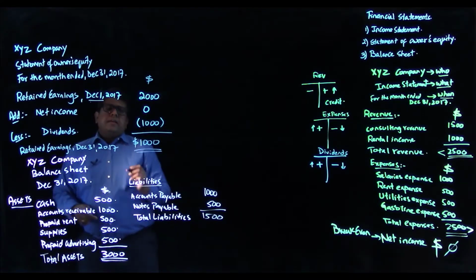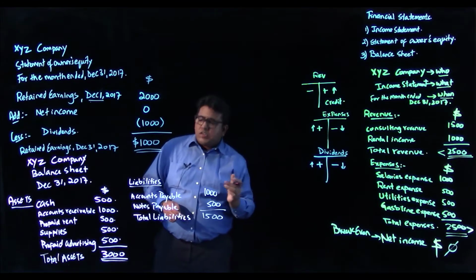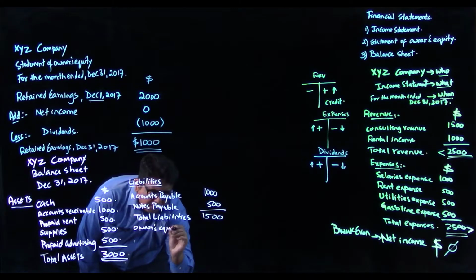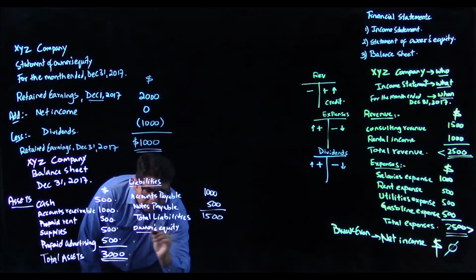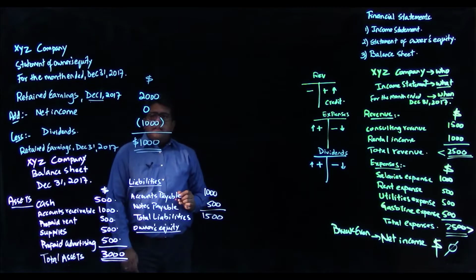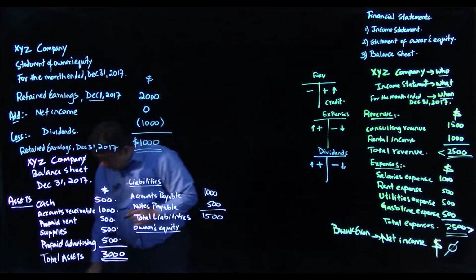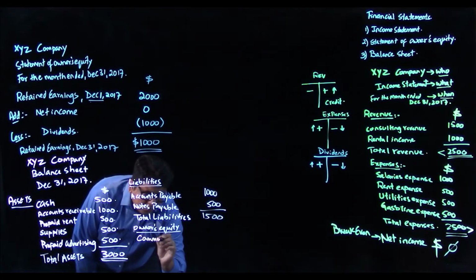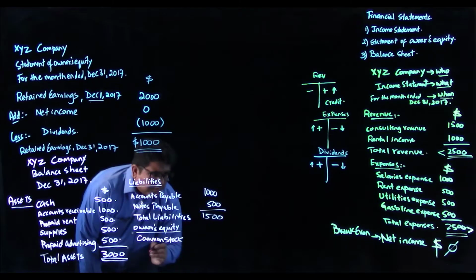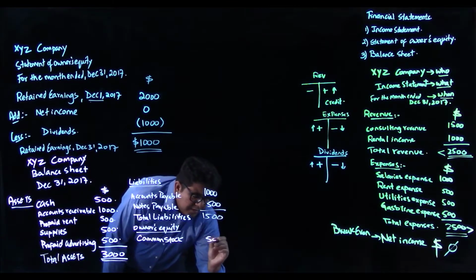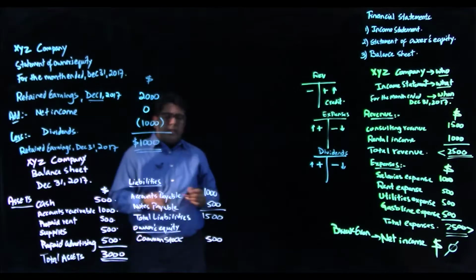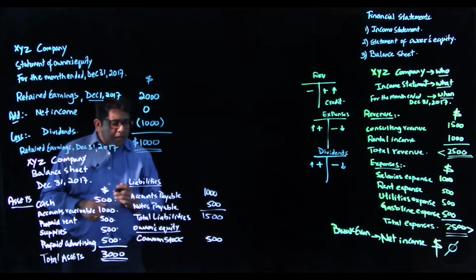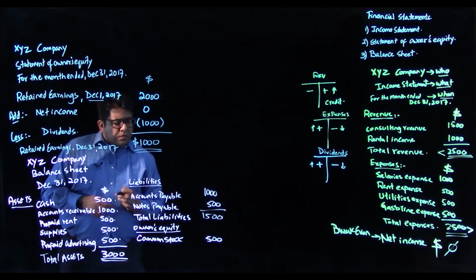And then finally, we move on to the last section, which is your owner's equity. In owner's equity, you will write out the common stock and your retained earnings. So your common stock was, for example, 500. We are making it up. And your retained earnings, actually we have, yeah, perfect.